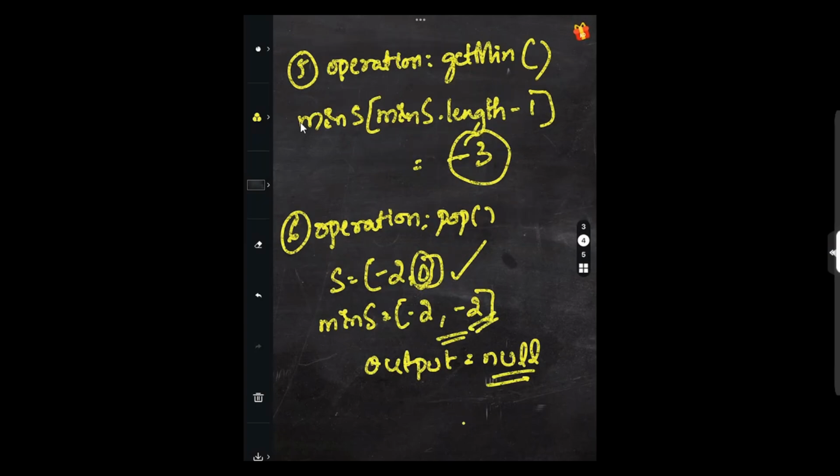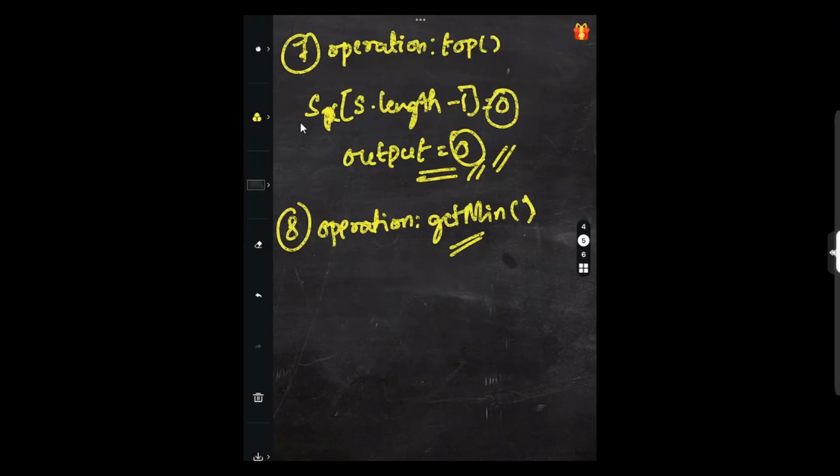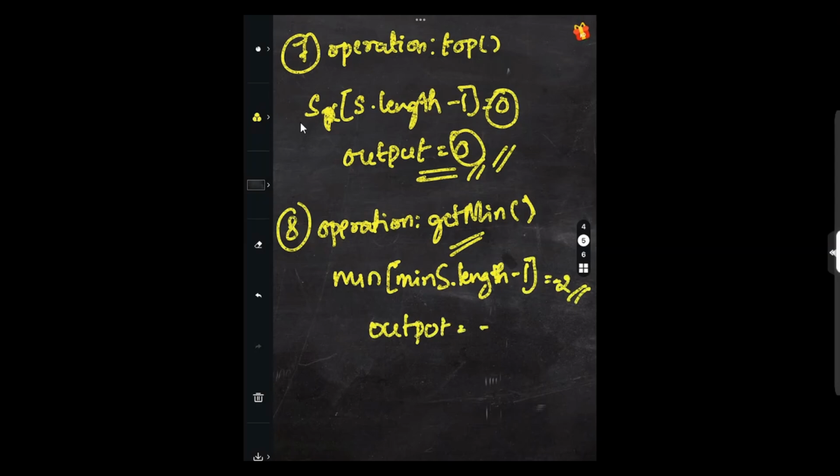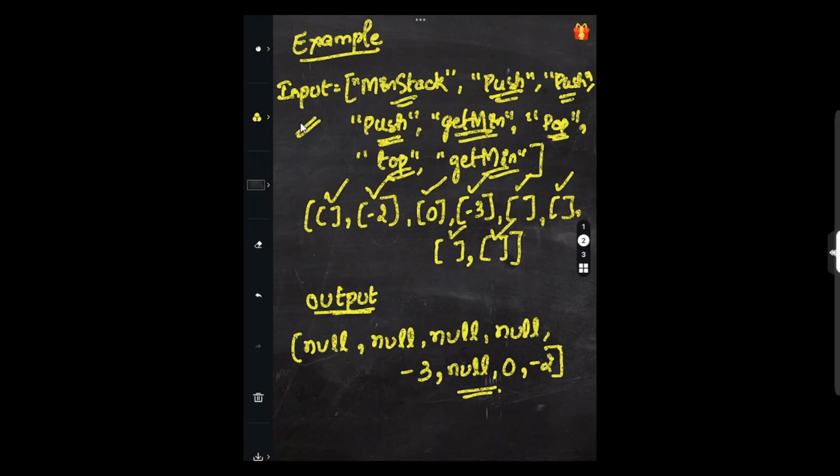What is the top of the minimum stack here? -2, right? So this will be min stack dot length -1, the element present in the last index, nothing but -2 here. So the output will be -2 here, right?